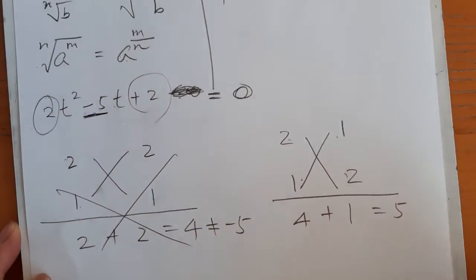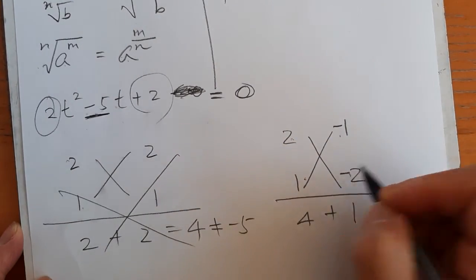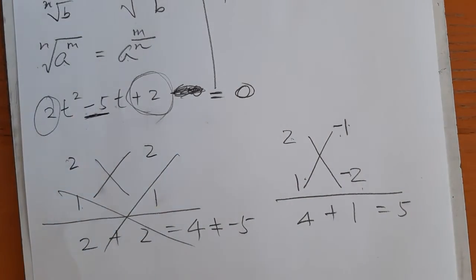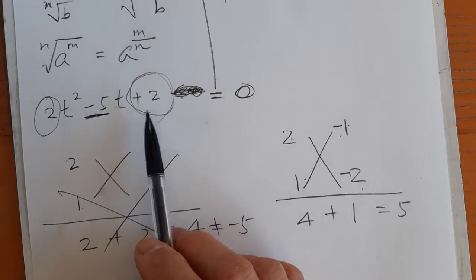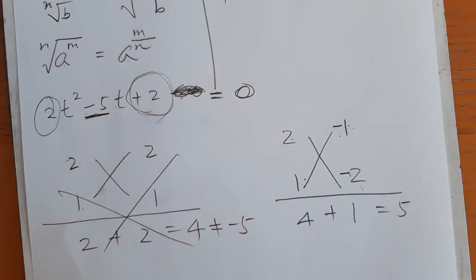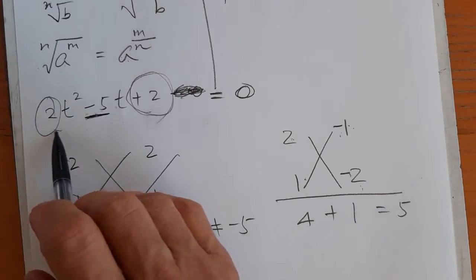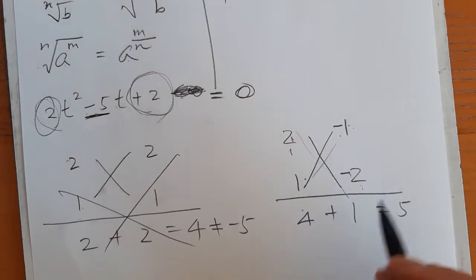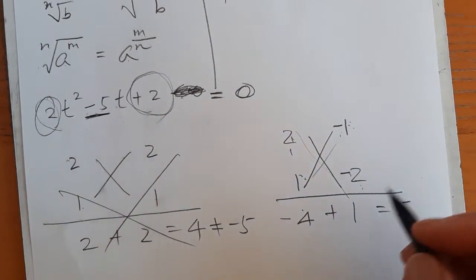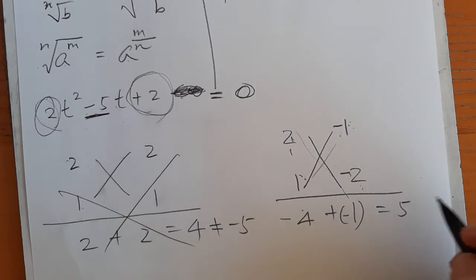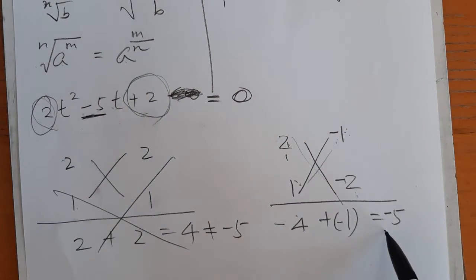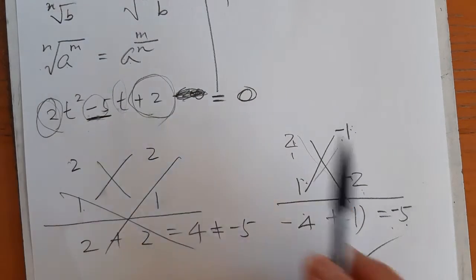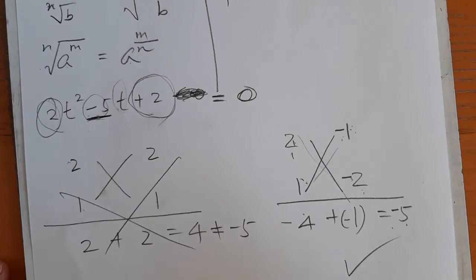We want negative 5. So I put negatives, because negative 1 times negative 2 is still the constant term, positive 2. The constant term 2 you can factor as negative 1 times negative 2, and the leading coefficient 2 is 2 times 1. Cross multiply: 2 times negative 2 is negative 4, negative 1 times 1 is negative 1, add together is negative 5. This is the right one. It fits the t term coefficient negative 5. So this is the right factor.